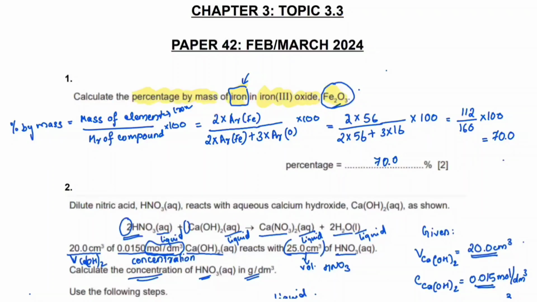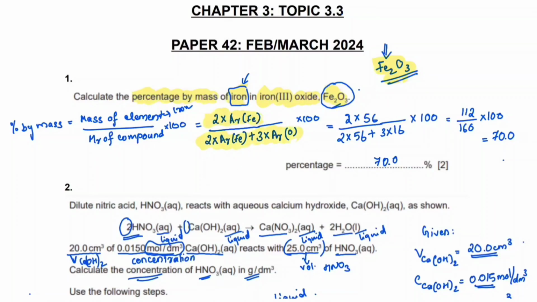So if you see this compound Fe2O3, this compound has 2 atoms of iron in it. So the mass of iron will be 2 times the AR of iron, that is the atomic mass of iron. And MR of Fe2O3 would be 2 times AR of Fe plus 3 times AR of oxygen.